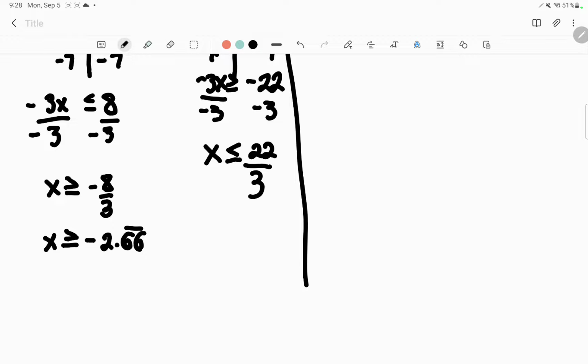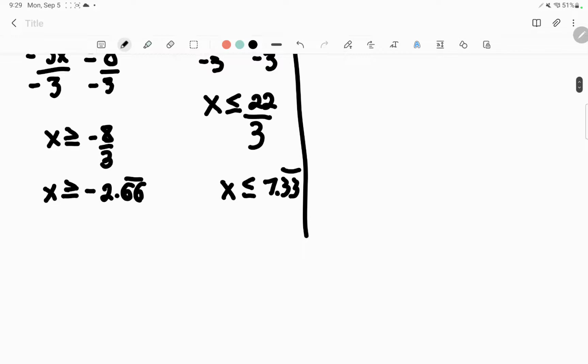Now for the other one, it's going to be 22 divided by 3. It's going to be 7.33. All right, those are going to be my 2 different answers. And I'm actually going to go ahead and put in my number line. 0, I'm going to put negative 2 and negative 7.